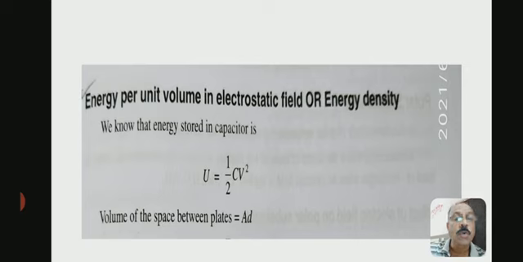Then the volume of the space between the plates: in the figure, the separation between the two plates is d and the area is A. Then the volume of the space between the plates is given by area into separation, that is A into d.